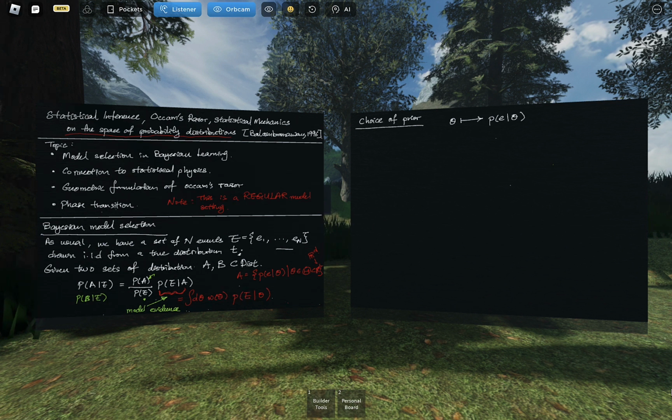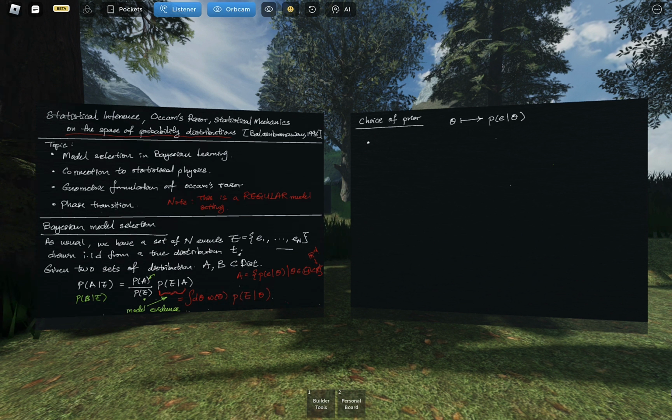Right. So here, if you want to have a prior on this parameter space, we want it to reflect the fact that we care more about things in its image than how it is parameterized.